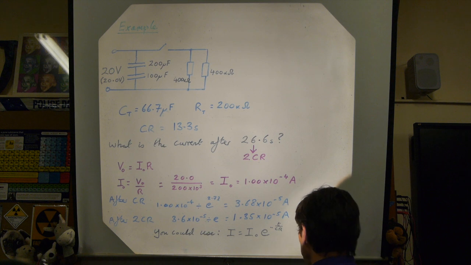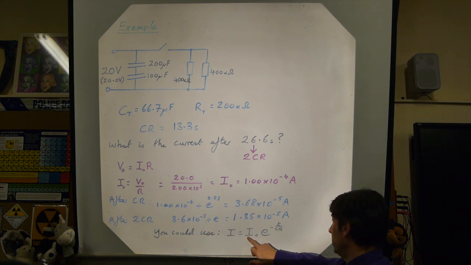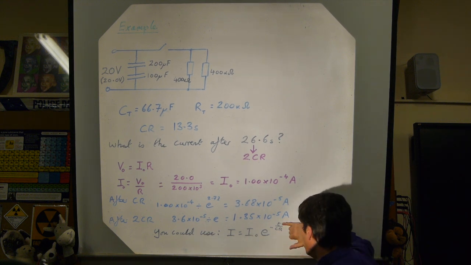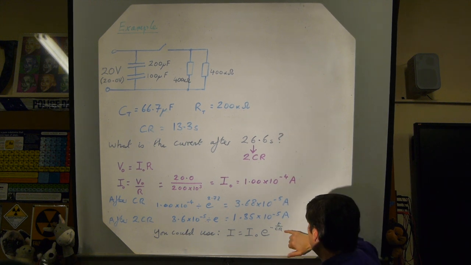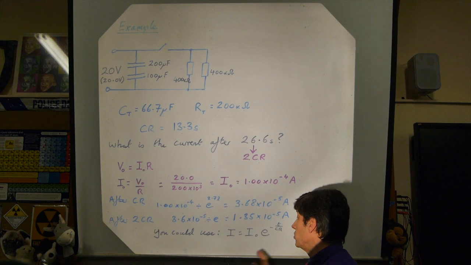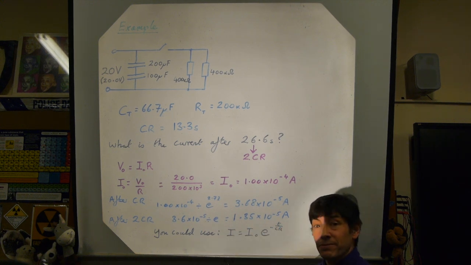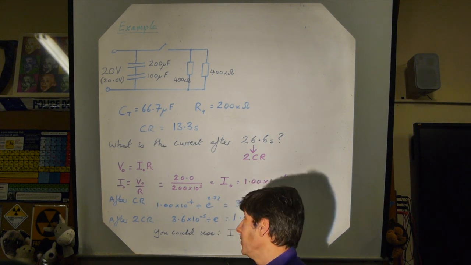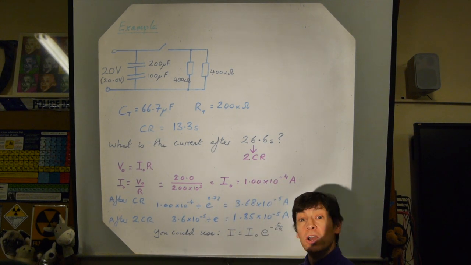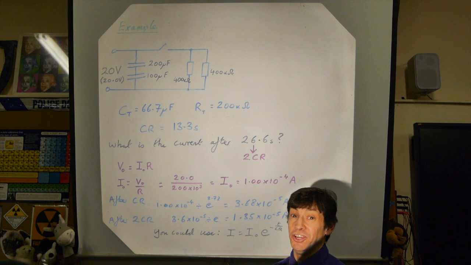And if you use that formula, you know the starting current, or you calculate it. You know the time we've left it for, and we know CR. So you could use that formula and you get exactly the same answer. So I hope you were successful at working that out via whatever method you chose to use.